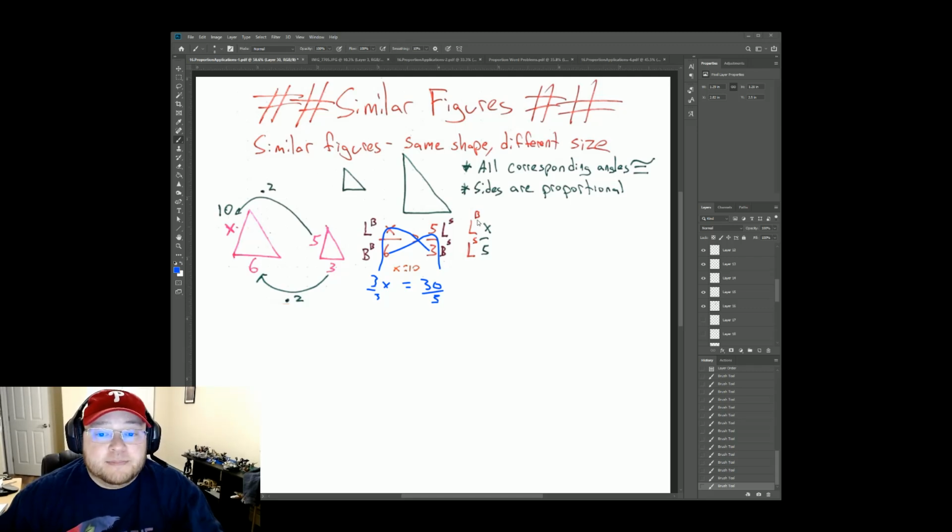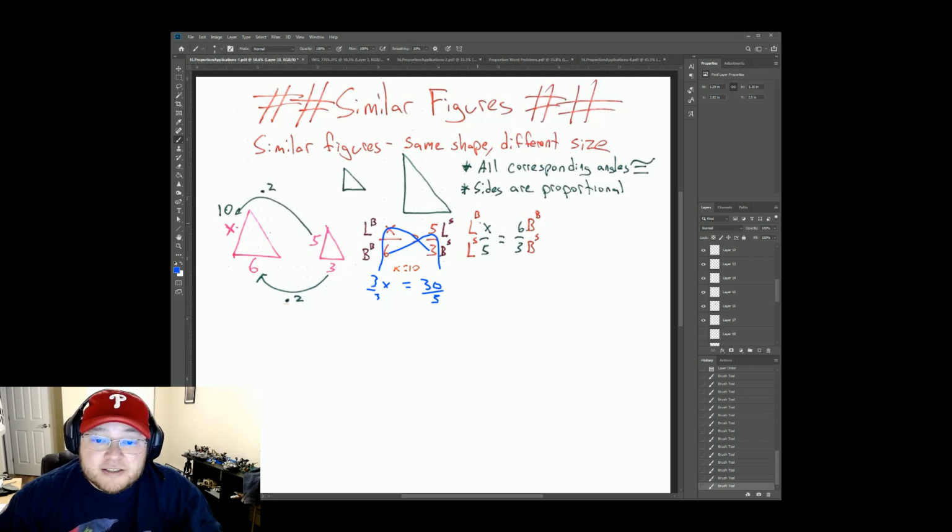Somebody else might be thinking the left of the big triangle compared to the left of the small triangle, and so they write their fraction differently. In this case, you say it was LB over BB, LS over BS. So it's basically left over bottom, left over bottom.